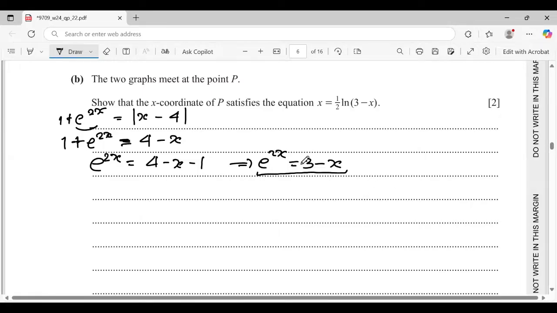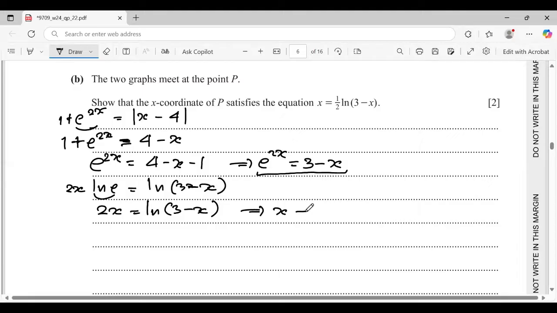So it's going to be 2x ln e equals ln(3 minus x). ln e equals 1, so it becomes 2x equals ln(3 minus x), and x equals 1/2 ln(3 minus x). Same as the given one.